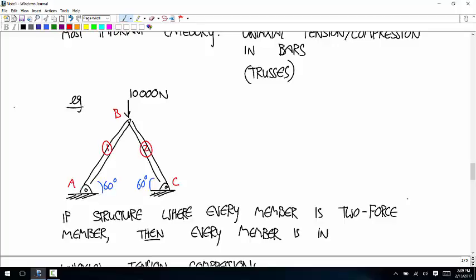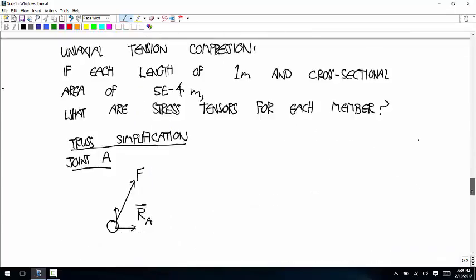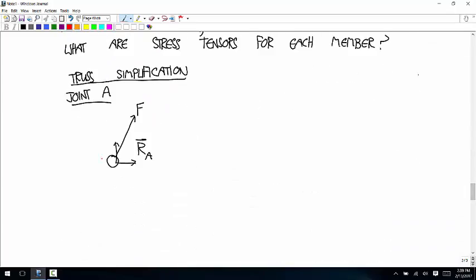The only thing that's going to be different between this and a cable is these can also push. Cables can't push. So we're going to assume that there's this force pulling away from the pin that we'll call F1. And if we get a negative value, that just means it's pushing instead of pulling.